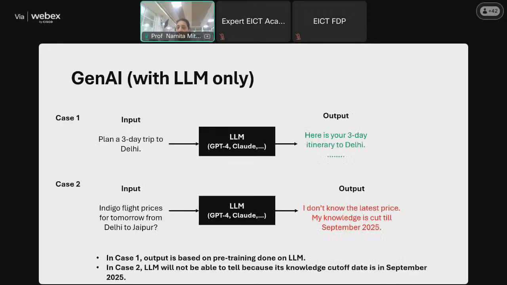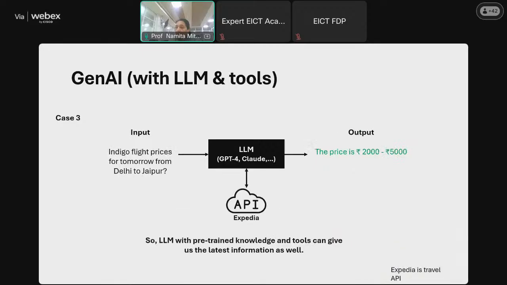Here in the case 2, it is saying September 2025, after September 2025, I don't have the data about this. But for immediate reference, which is having the till date knowledge or information, we may call the API.